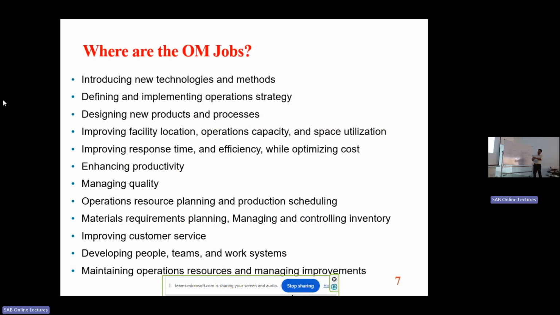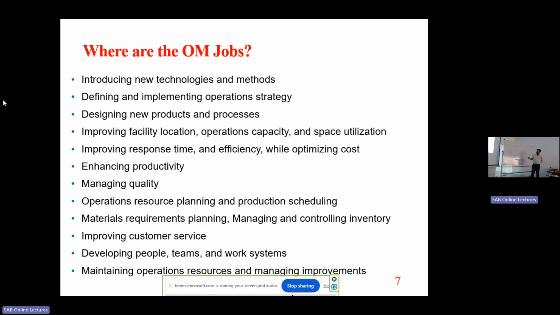They are responsible for bringing in technologies, introducing new technologies and new operations methods and techniques. They are responsible for specifying operations strategies, and for implementing them, aligning with the strategy, making other decisions like designing products, deciding services if they are coming from the service industry.